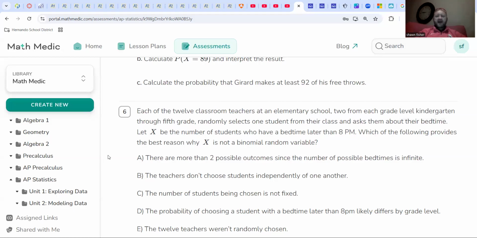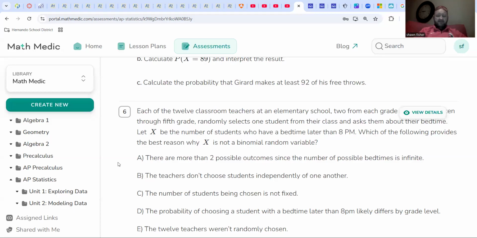There are more than two possible outcomes since the number of possible bedtimes is infinite. I don't think so. No, we're talking about still kind of a range here. That's not really necessary. The teachers don't choose students independently of one another.